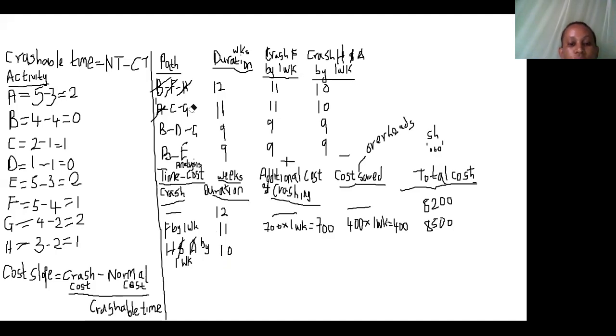As a result of that, what will happen? Because of crashing activity H, let's start with H, there'll be some additional cost. The additional cost of crashing activity H is 1,000 for 1 week, so multiply by 1 week, giving us an amount of 1,000.